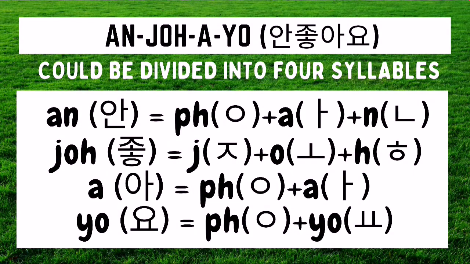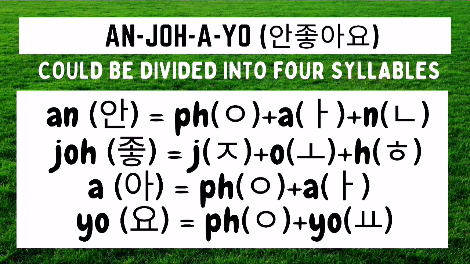How do we spell anjoyo in Hangul? Let's start with the first syllable. To be able to write the syllable an in Hangul, we need to draw first a placeholder iyang, followed by an a character, followed by a nyeon character. For the second syllable jo, we need to draw first a jiut character, followed by an o character, followed by a hiut character.